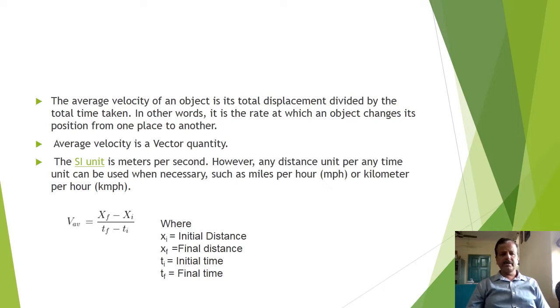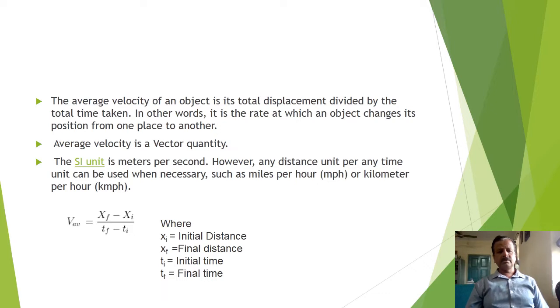Now let me begin again with the average velocity. As we have studied earlier, it is the ratio of total displacement to the total time taken. Total displacement is calculated as change in position in a given direction, which is xf minus xi, and time taken is tf minus ti.